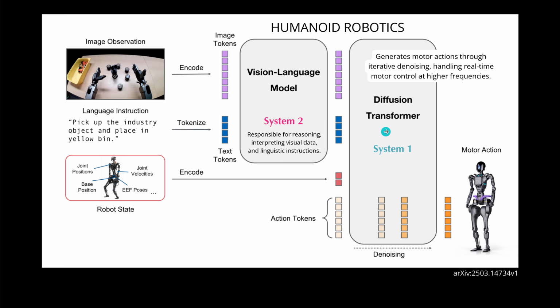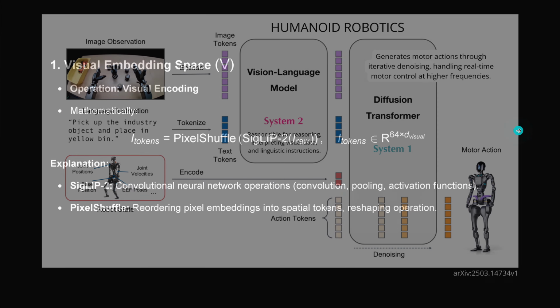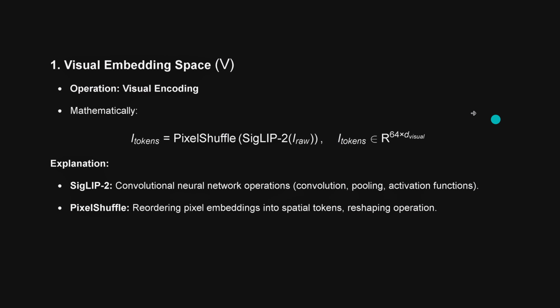And now the interaction between those is the interesting part. But we understood those two systems operate in 6 different mathematical spaces where we have vector operations. Now let's have a look at this in detail. So in the visual embedding space, what is our operation? Encoding.